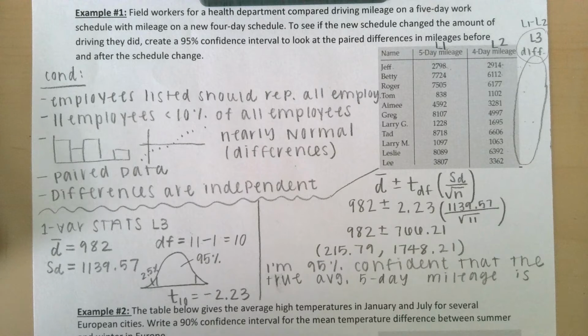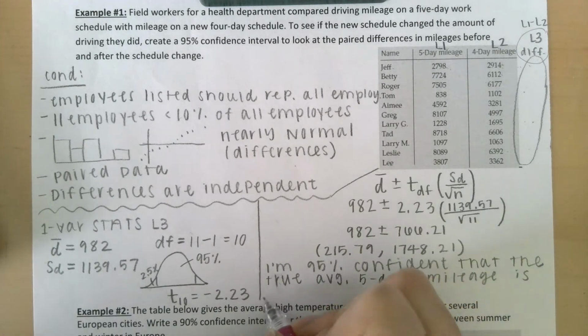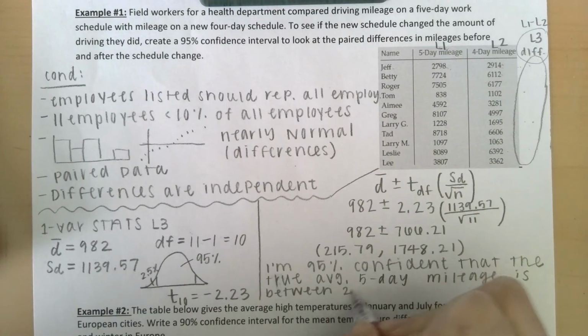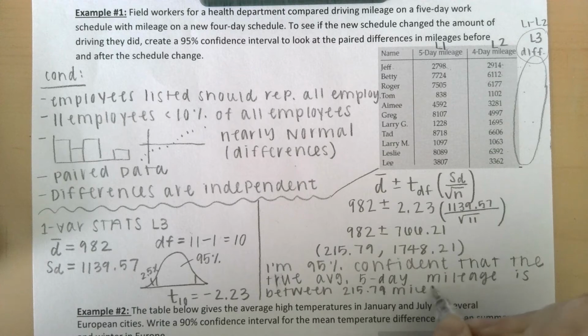So I'm 95% confident that the true average 5-day mileage is between 215.79 miles and 1748.21 miles.